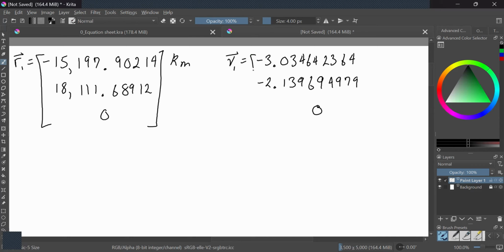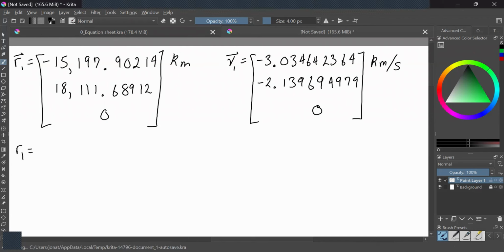I said 0. There you go. Kilometers per second. So we have a new position and a new velocity, but how accurate are they?